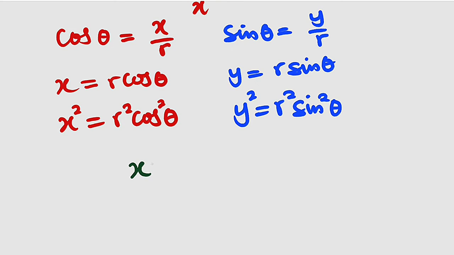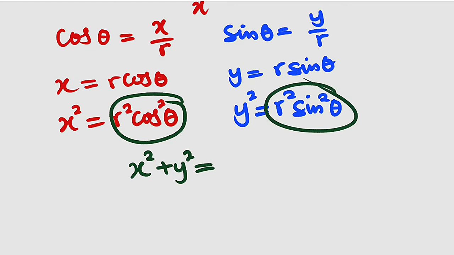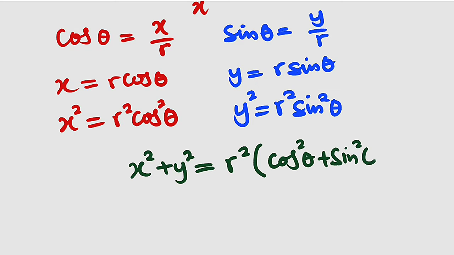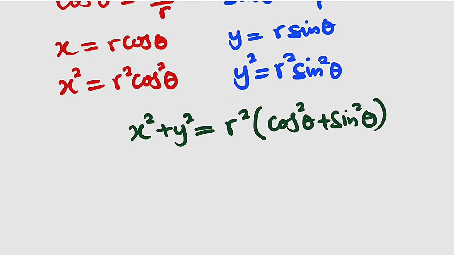We have x squared plus y squared, which is the same thing as this plus this. And we can factor out r squared. Inside we have cosine squared theta plus sine squared theta. But remember that this is just an identity equal to 1. Therefore, x squared plus y squared is nothing but r squared.